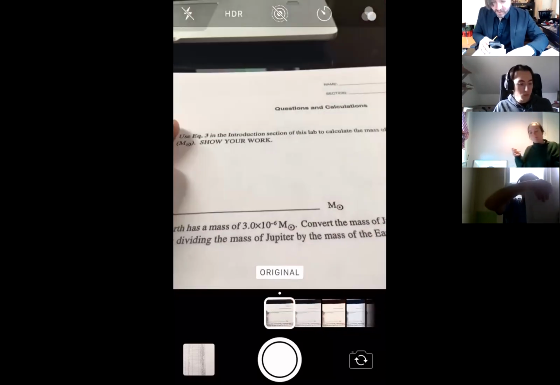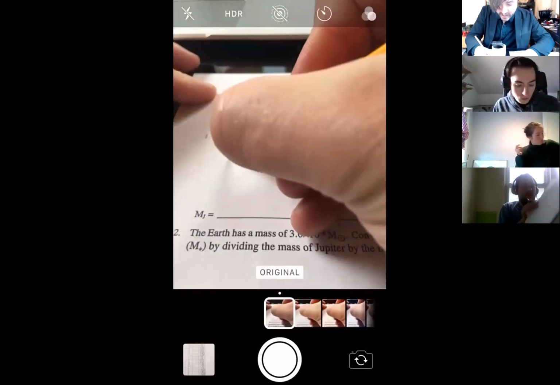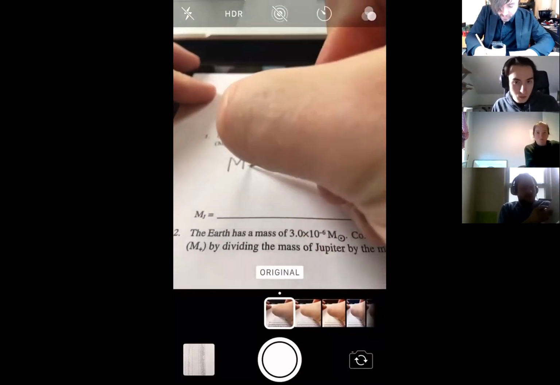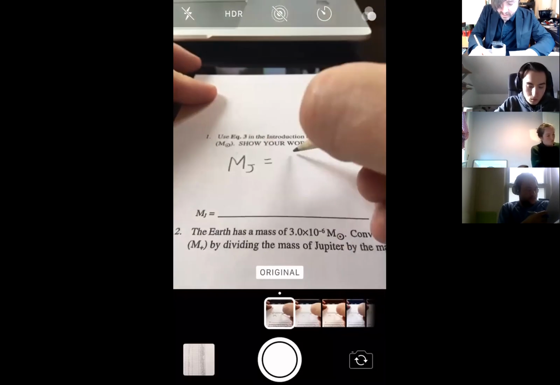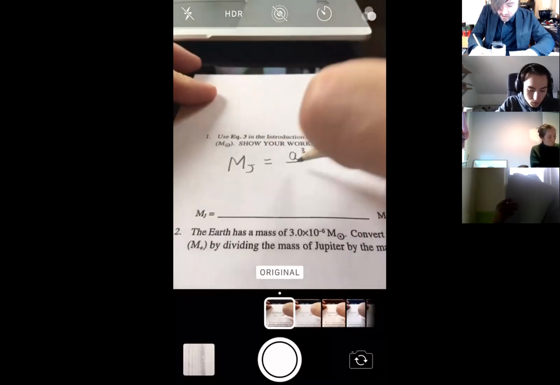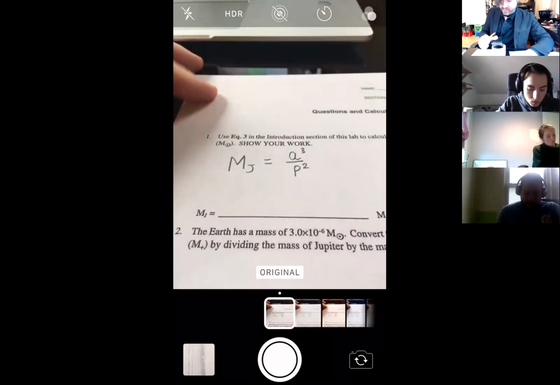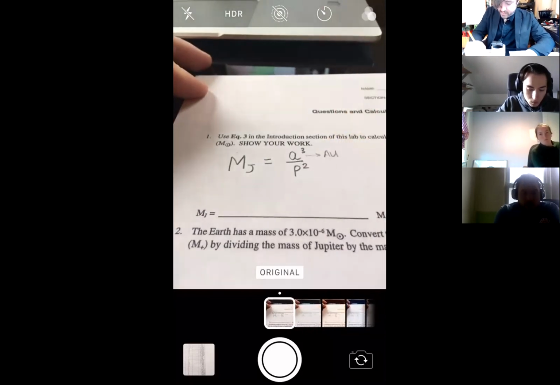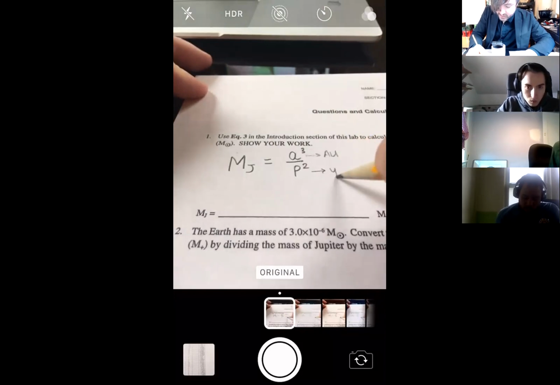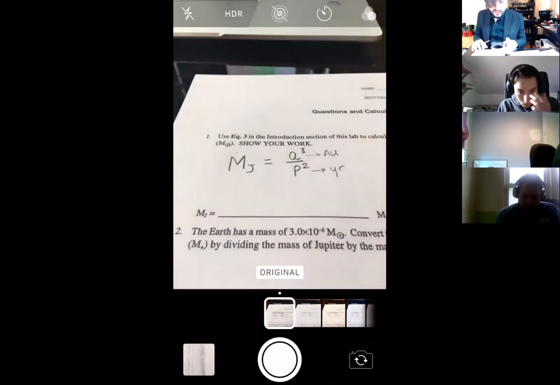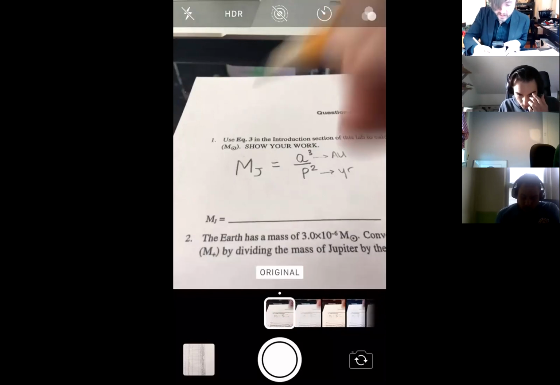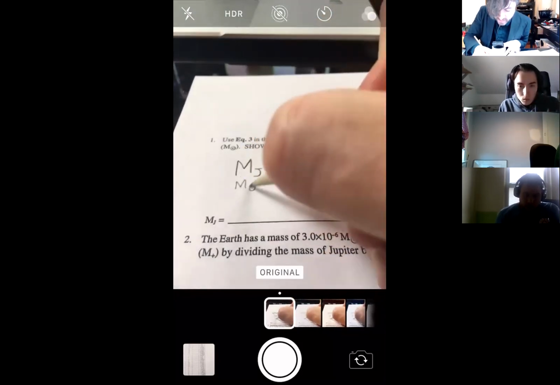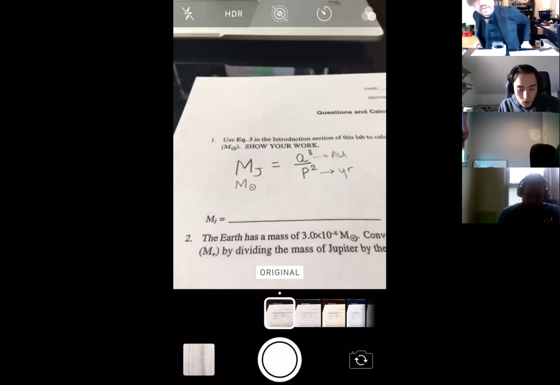You will remember that NK3 is the mass of Jupiter is A cubed over P squared, where A needs to be measured in astronomical units and P needs to be measured in years. In this version of the formula, the mass comes out in solar mass units. So how many times greater or less than the sun is the mass of Jupiter?